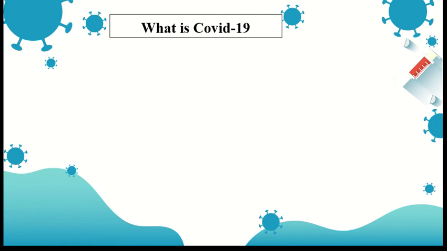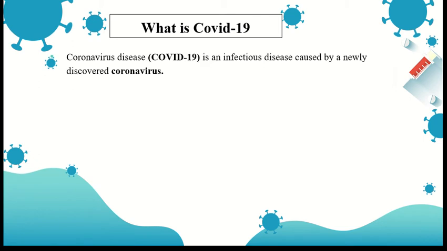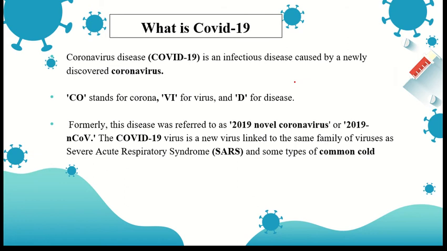So first of all, let me explain what COVID-19 is. COVID-19 or coronavirus disease is an infectious disease caused by a newly discovered coronavirus, in which CO stands for corona, VI for virus, and D for disease. Formerly, the disease was referred to as 2019 novel coronavirus or 2019-nCoV.